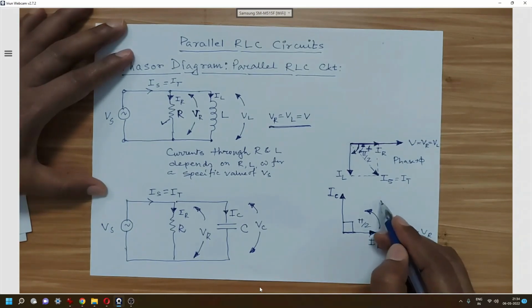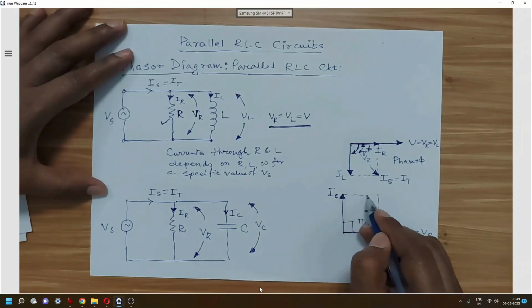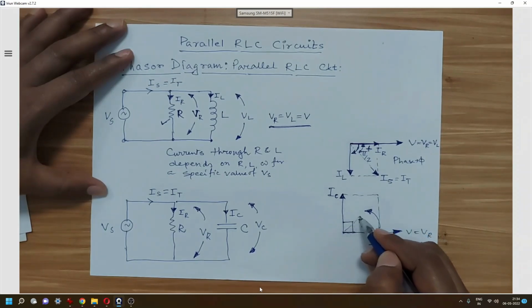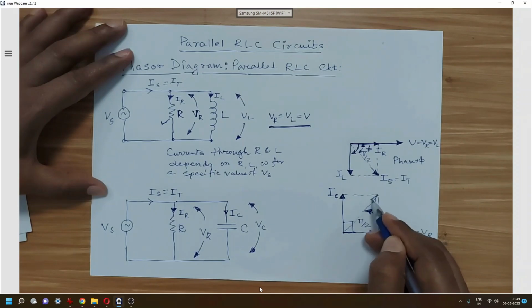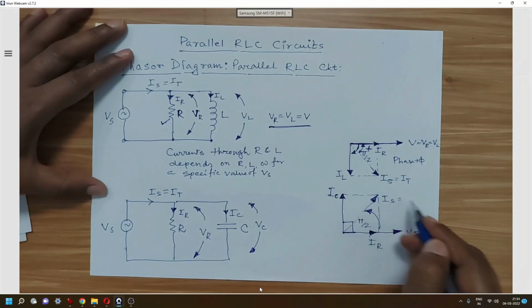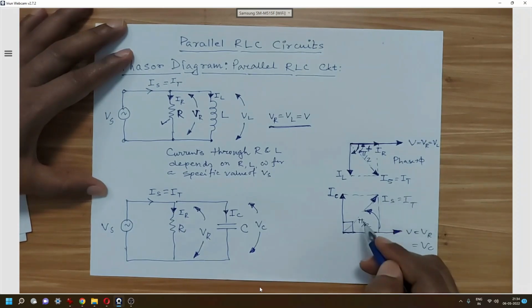And now for the resultant current, we will draw this phasor, and we will denote it as IS or IT, and the angle between the voltage V or VR or Vc and the resultant current is phi.